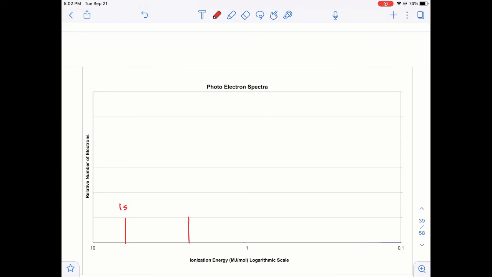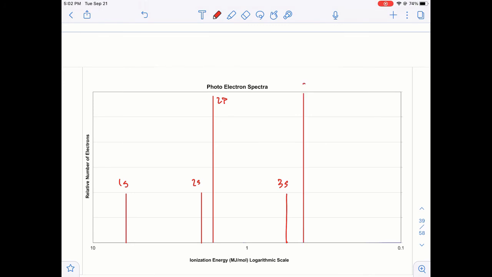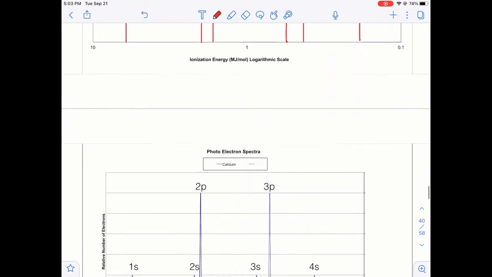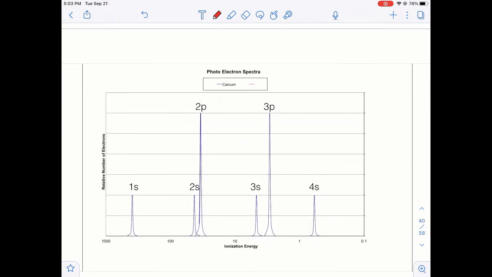I'm going to make the 2p. 3s, 3p, and then 4s. And this is what it would look like with the actual values.